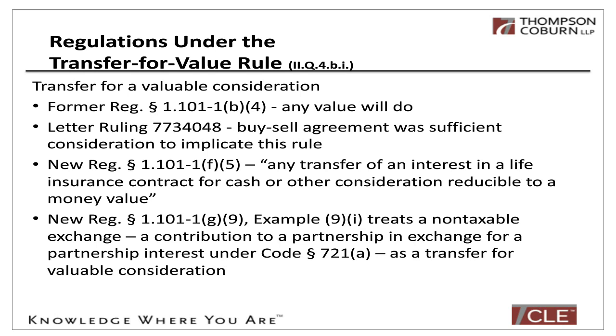And now it says that a transfer for value is a transfer of the contract for cash or other consideration reducible to a money value. So that buy-sell agreement or that 77 letter ruling, forget it. That's gone. That's out. Now, what's a transfer for other consideration?